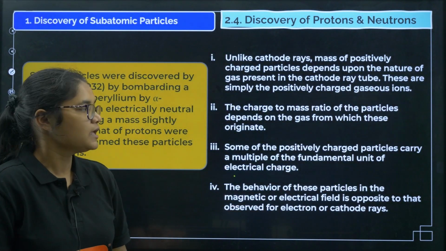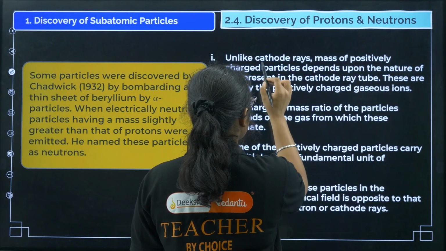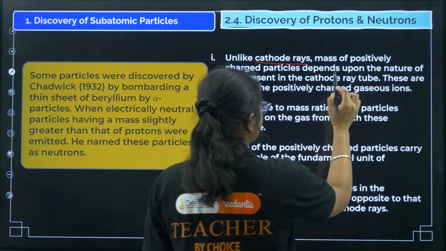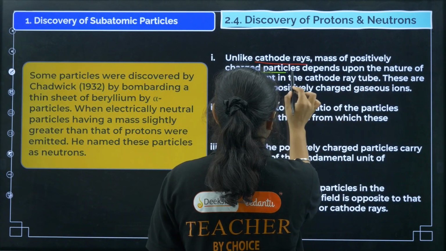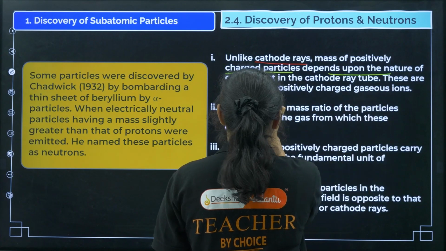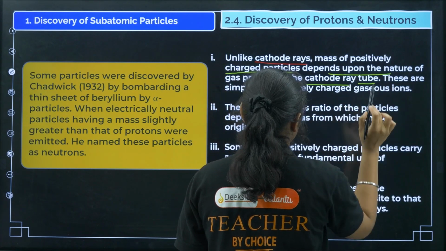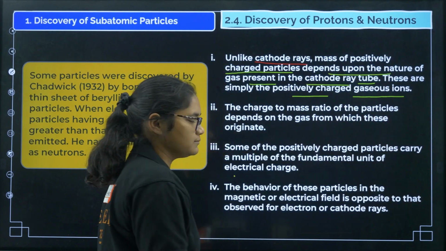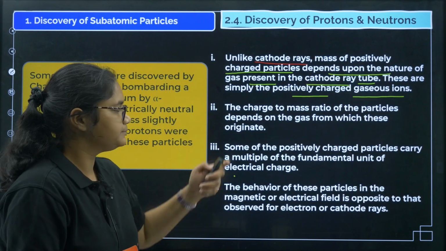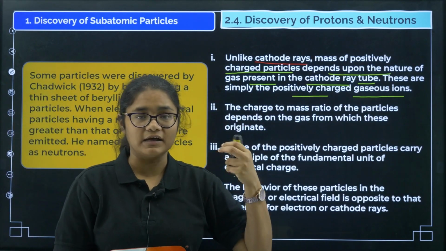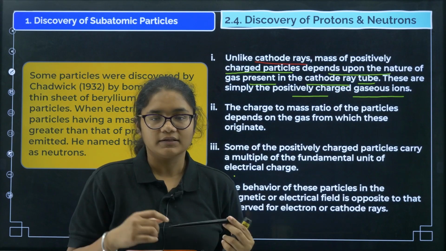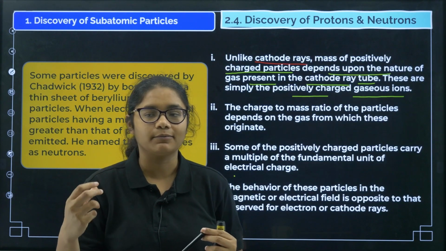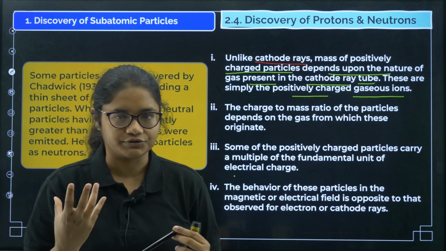Now based on this, what are the properties of the anode rays? Let us see here. Unlike cathode rays, and this is very important, the mass of positively charged particles depends upon the nature of the gas present in the cathode ray tube. These are simply the positively charged gaseous ions. If you remember, the last point of the cathode rays was that they were independent of the type of gas and the type of electrode used, right?